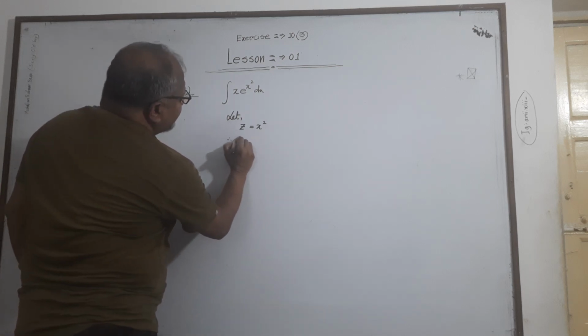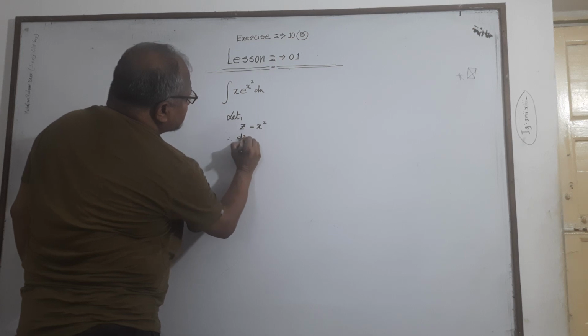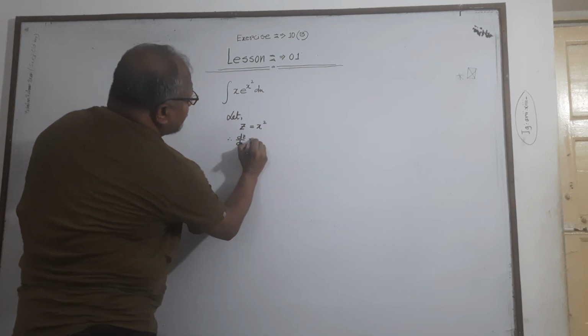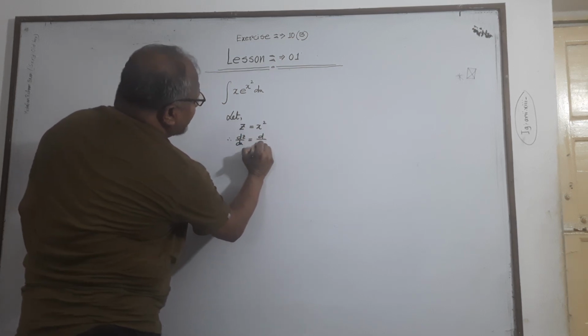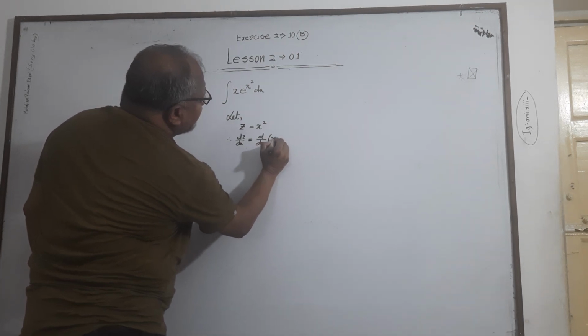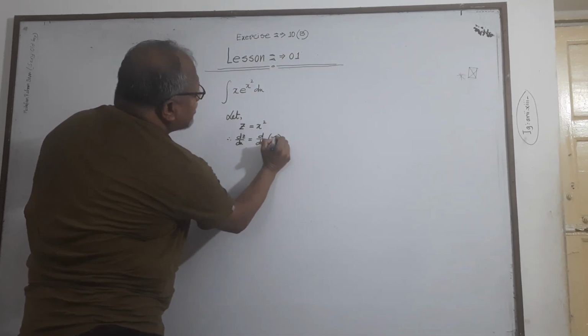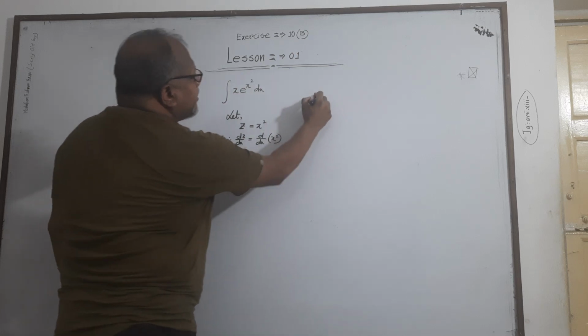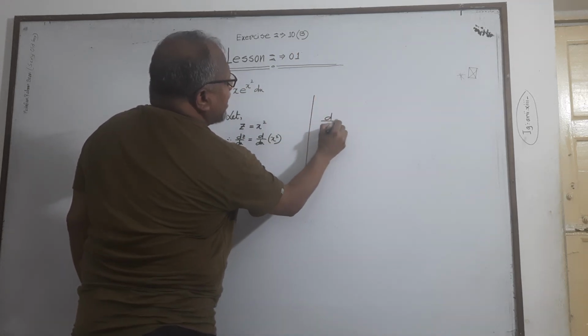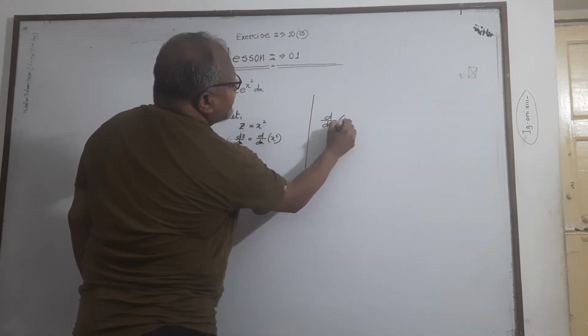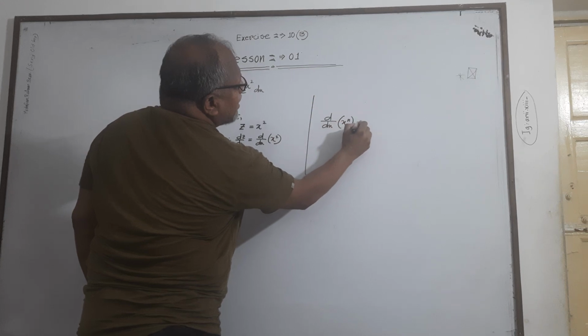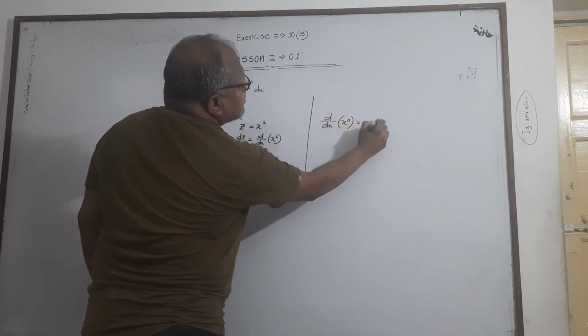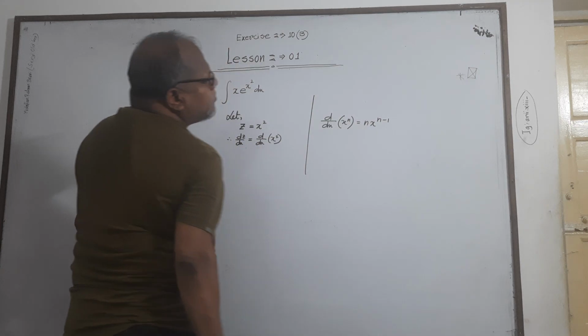So with respect to x, I can differentiate z. So d/dx of z equals d/dx of x square. The formula is d/dx of x to the power n equals n x to the power n minus 1.